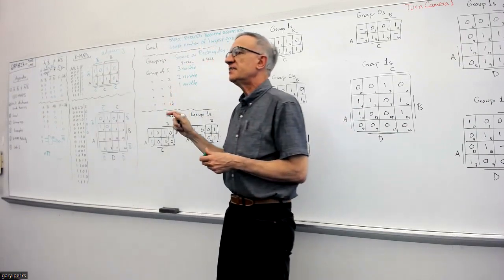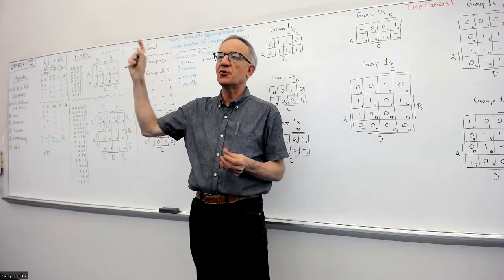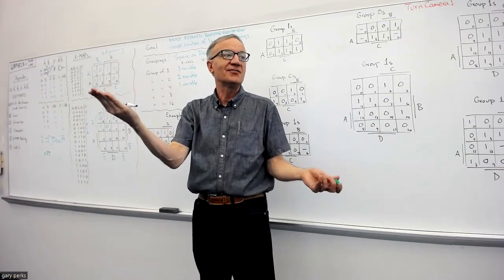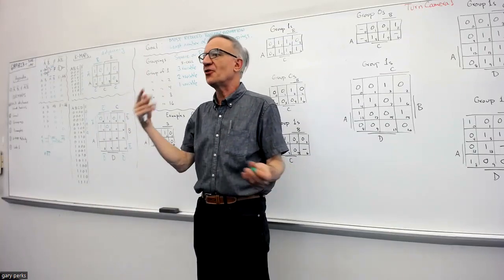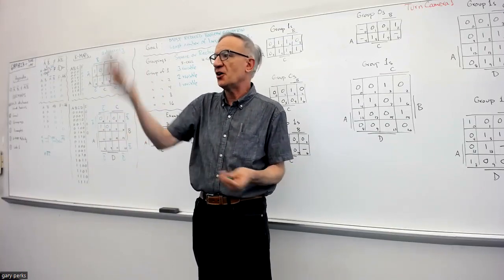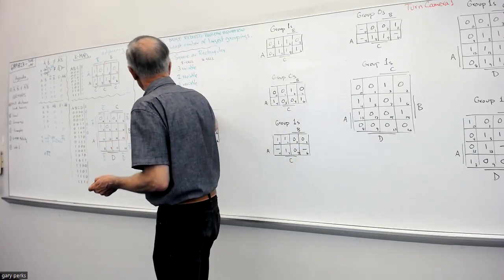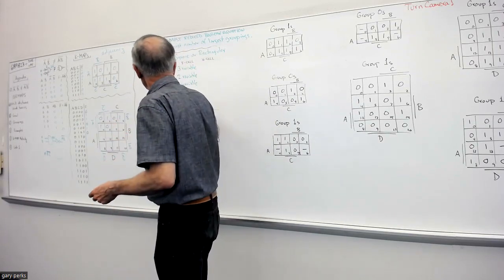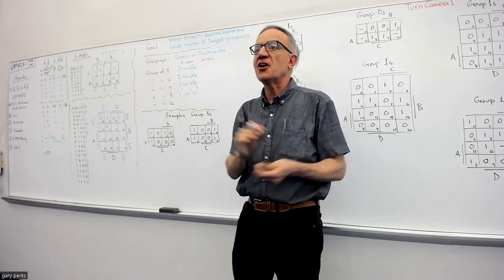And then if you have an 8 cell and you have either a grouping of 8 ones or a grouping of 8 zeros, that means your output either equals 1 or 0. If your output equals the same value for all possible inputs, then your output is always that value. So if you have a group of 8 and you're grouping ones, the output's just going to equal 1. And if you're grouping zeros, the output is always 0.